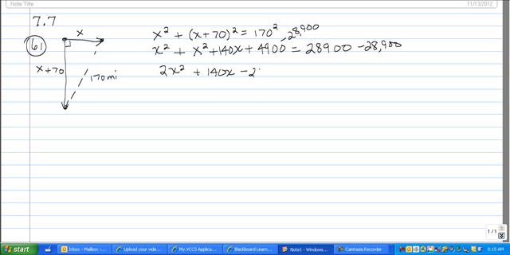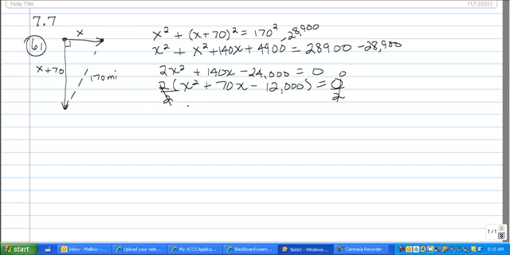That gives me 2x squared plus 140x minus 24,000 equals 0. Now I notice I can factor a 2 out, so that'll make my numbers smaller. So let's do that. x squared plus 70x minus 12,000, and we can divide by that 2 to get rid of it.